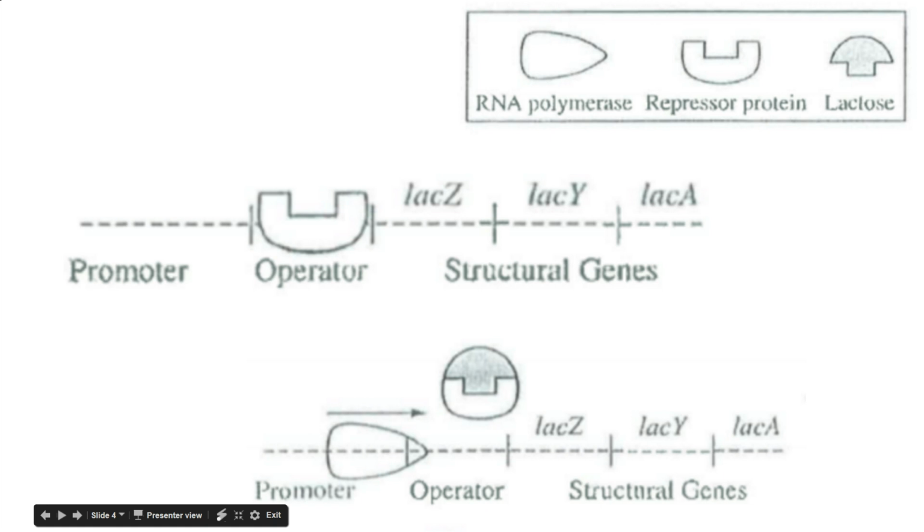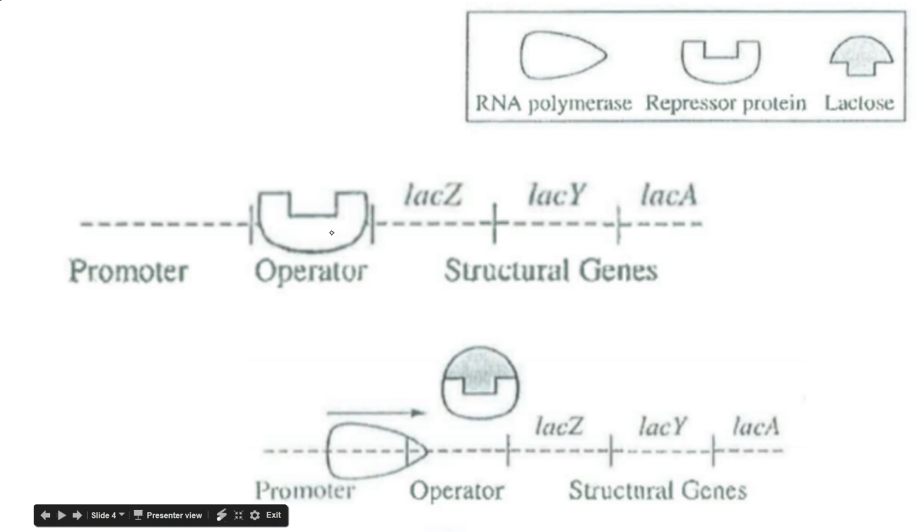One way to think about this is getting back into this whole lac operon. The lac operon is a promoter sequence of DNA, an operator sequence of DNA, and then a whole bunch of genes, and a repressor protein is sitting on the operator. As long as that repressor protein is sitting on the operator, RNA polymerase cannot transcribe these genes.